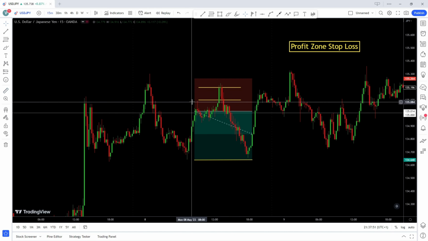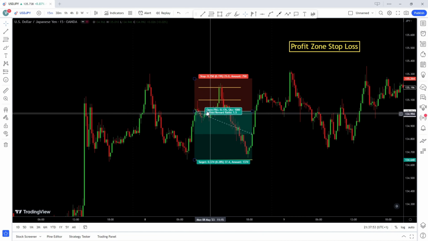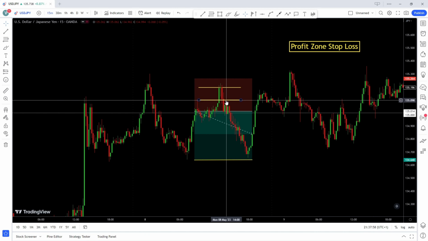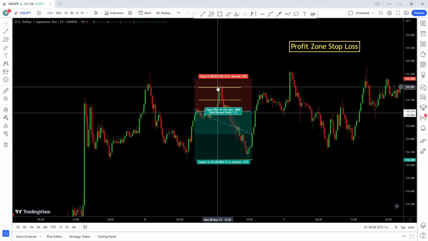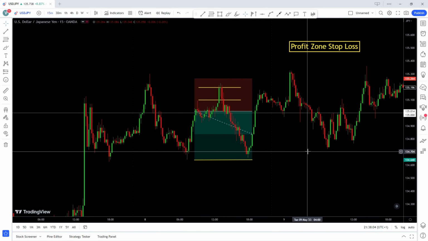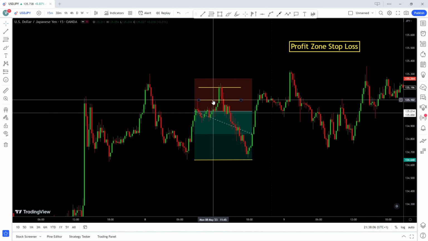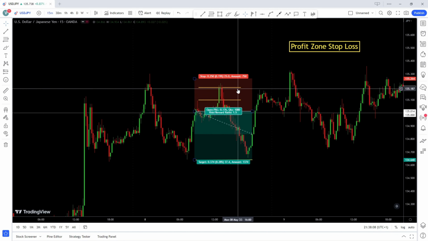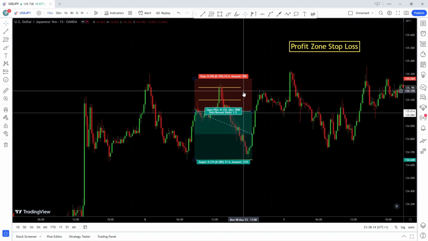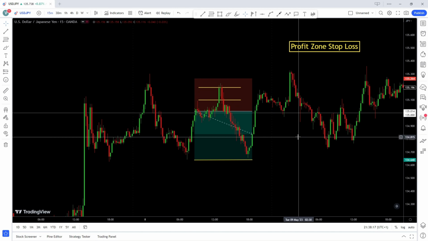What happens is the market went in our favor, but then it pushed up. Normally this whole thing would be our stop loss, and we'd be stopped out for 25 pips. But now because we've added in a buy over here, we've reduced our stop loss to 15 pips, because this profit zone is 10 pips and the overall stop is 25 pips.